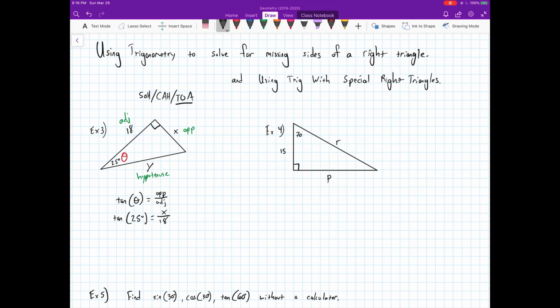All right, now essentially here I need to get x by itself, so I multiply both sides by 18, right? And I use a calculator. So 18 times tan of 25 degrees is going to be x.